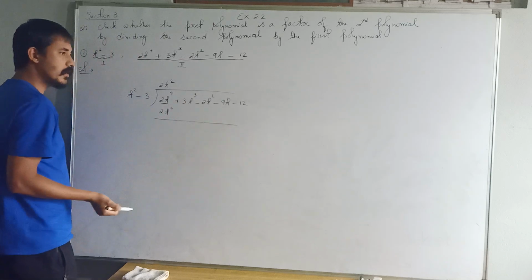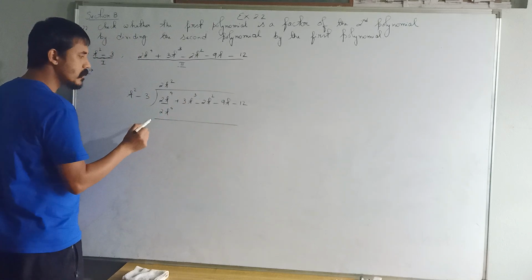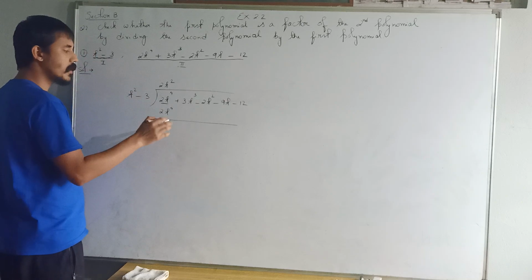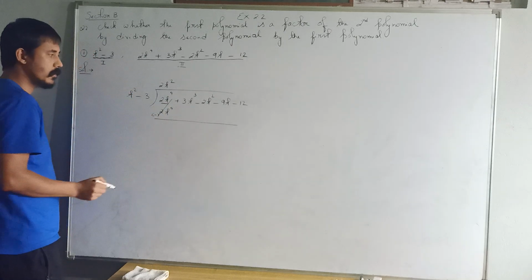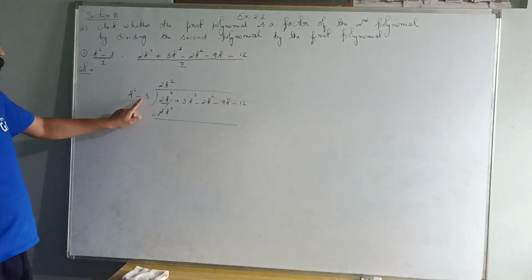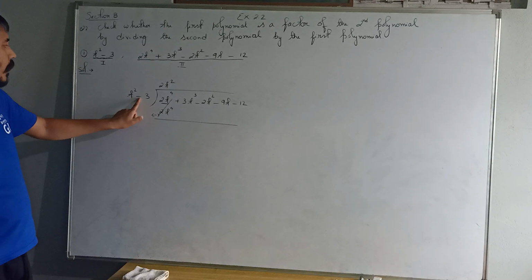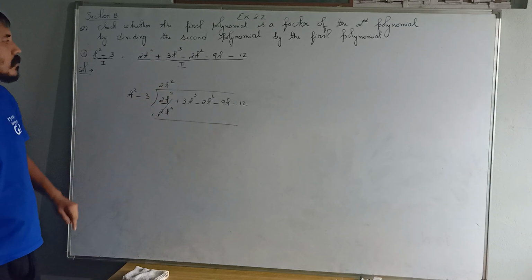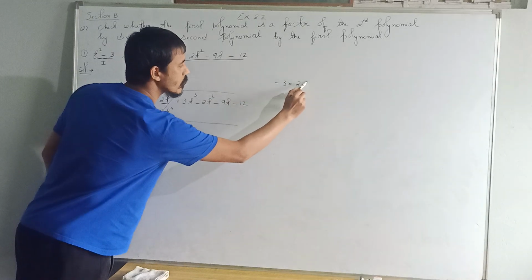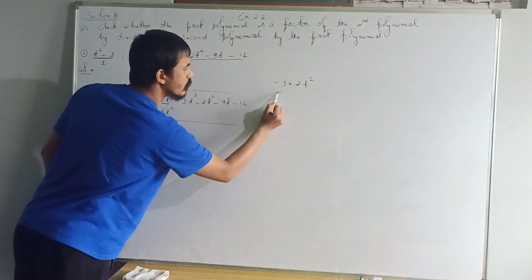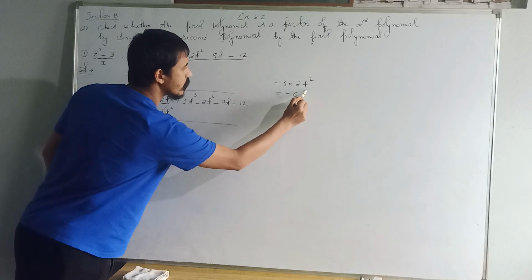Now we are subtracting. In division we subtract. Subtracting means you change the order of the sign of the lower term. Since this is positive, you make it negative, we cancel out. Now we multiply by the remaining term. Minus 3 times 2t square. What does it give you? Minus 6t square.